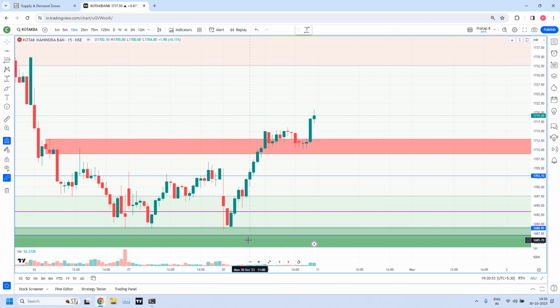Because institutions kept all the orders in that particular area. They didn't spread across the zone. They concentrated on a specific, very limited area. In such situations, price will come again until all the orders in that area are consumed.